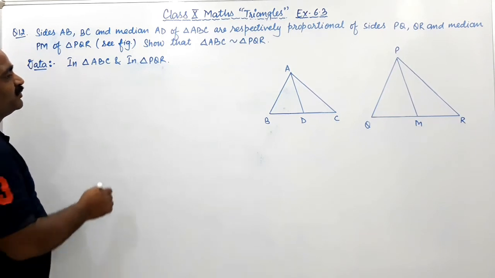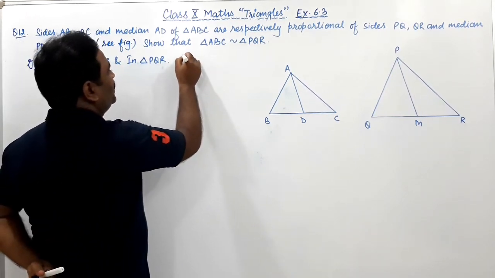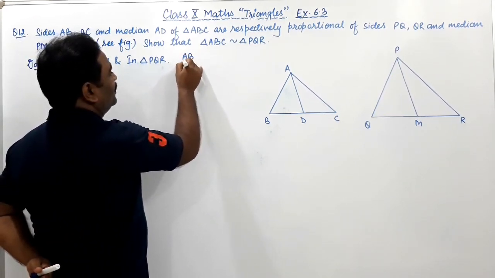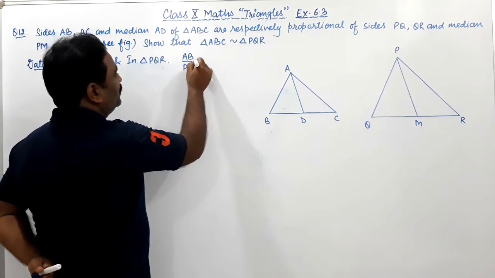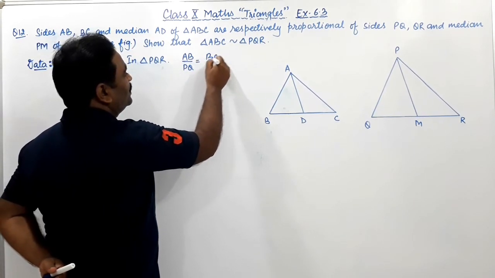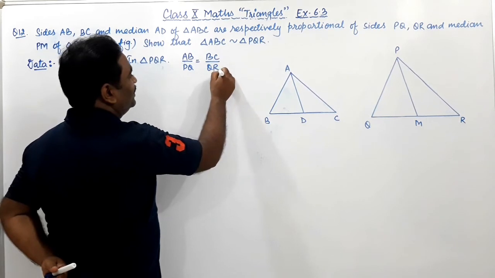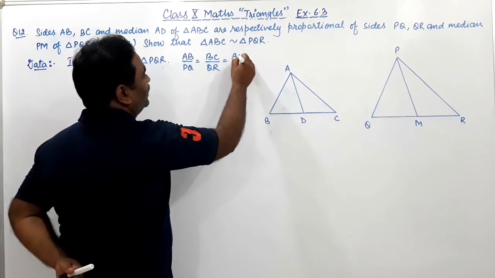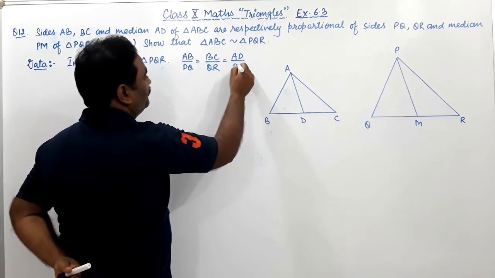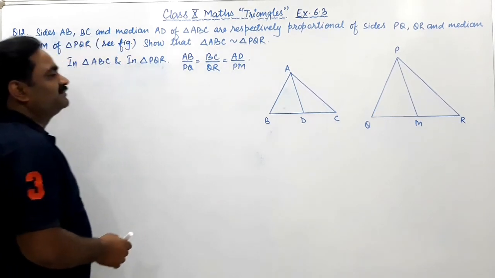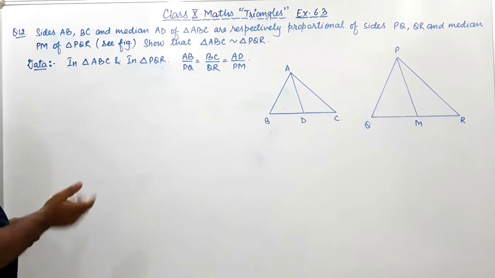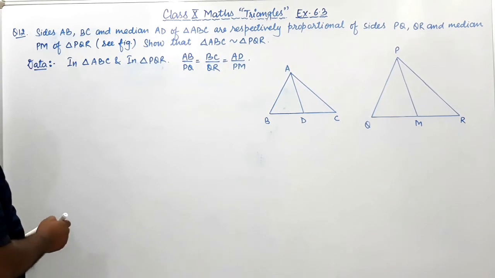These sides are in proportion. Which one? AB upon PQ equals BC upon QR equals AD upon PM. This thing is given, right? Okay, now let us see what you are going to prove.